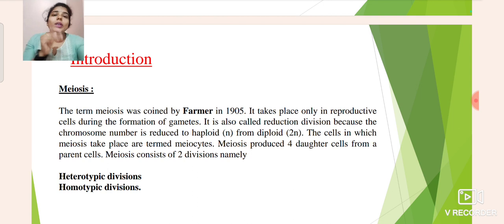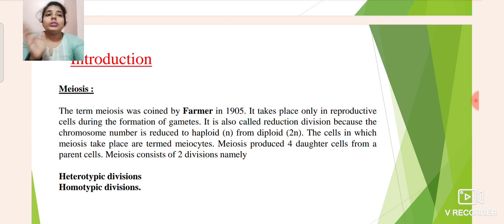What do you mean by diploid and haploid? Diploid means 2n number of chromosomes in the organism, or a double set of chromosomes. Haploid means the organism consists of a single set of chromosomes. So meiosis is a reductional division. The chromosome number is reduced from diploid to haploid.